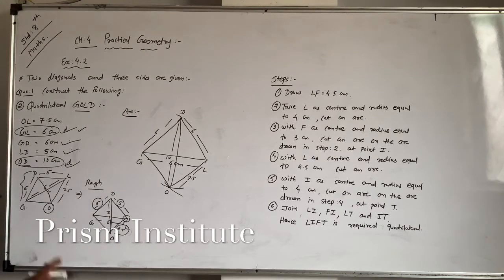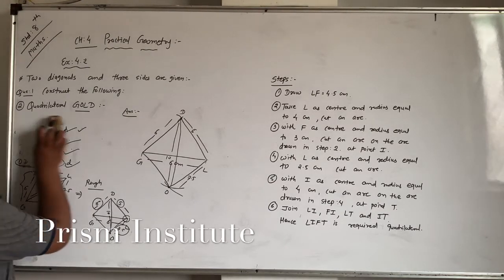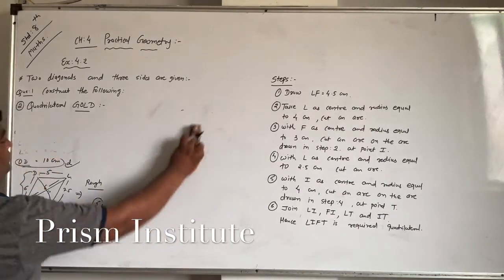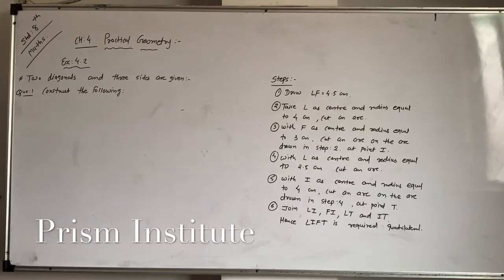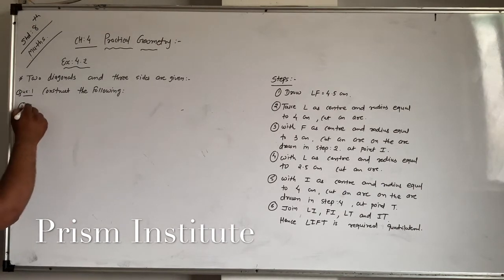Okay, understand? Now next, that is the third number. The third number is an important question for examination purposes. That is the third number, rhombus.